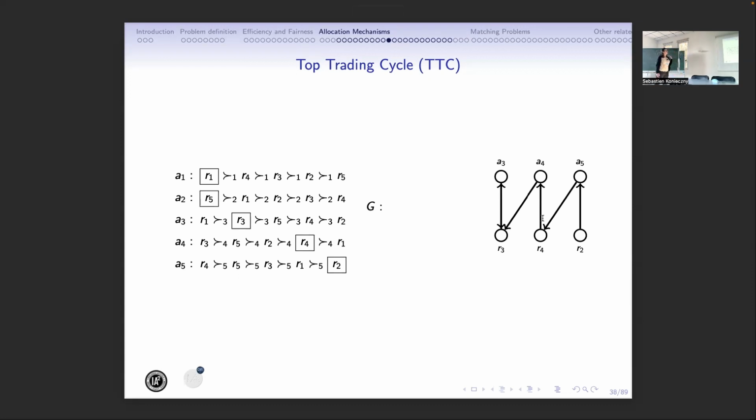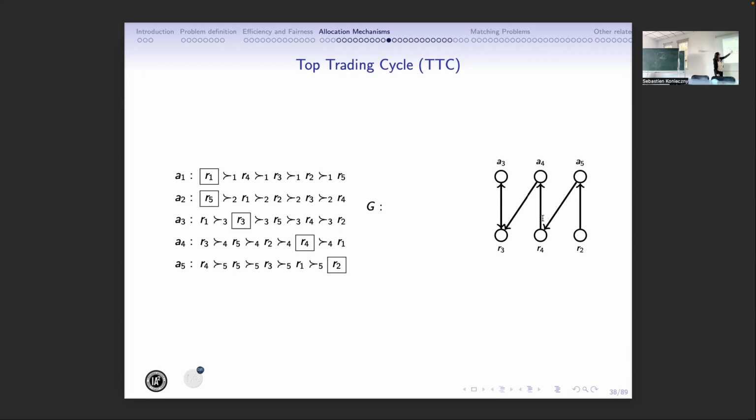We remove agent 1 and agent 2 and their resources from the graph, and we update the graph with the remaining resources. Now we have a new cycle, which is in fact a cycle between agent 3 and a resource. That means that we will assign R3 to A3, and we remove the agent and her resource from the graph.